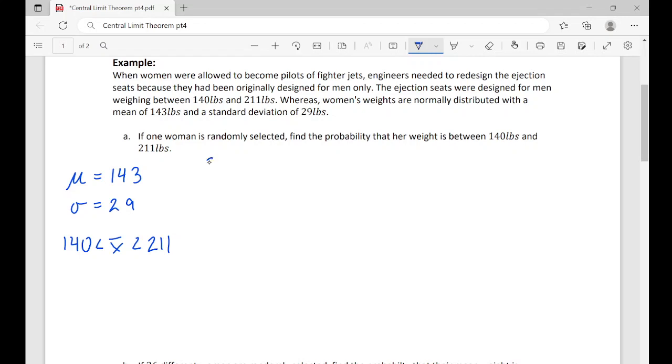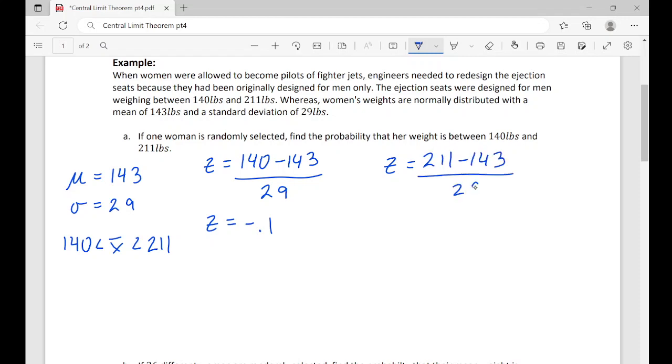So z equals 140 minus 143 divided by 29, which gives us a z-score of negative 0.1. Now we're going to do it again for 211. So z equals 211 minus 143 over 29, which gives us a z-score of 2.34.